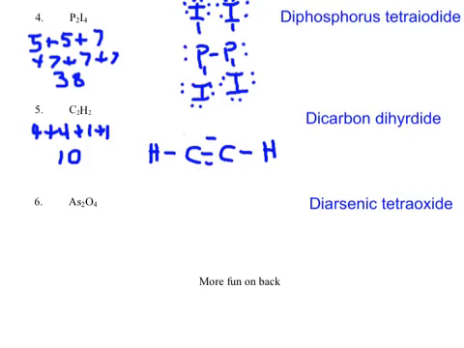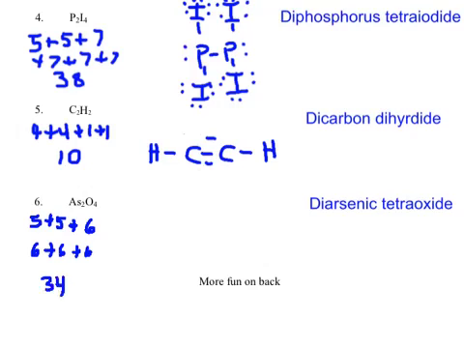Now, we're going to count up valence electrons. Oh boy, here we go. Alright, we got 5 for the arsenic, plus another 5 for the other arsenic, plus 6 for the oxygen, plus 6 for another oxygen, plus 6 for another oxygen, plus 6 for another oxygen. So that gives me 24, that gives me 34 valence electrons to work with.